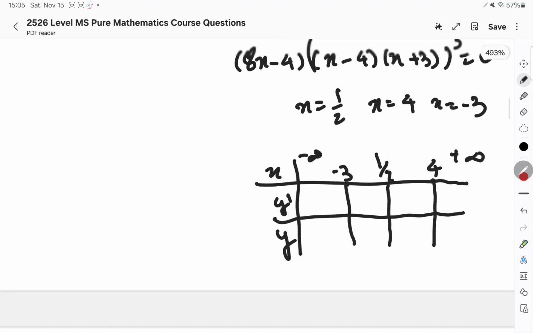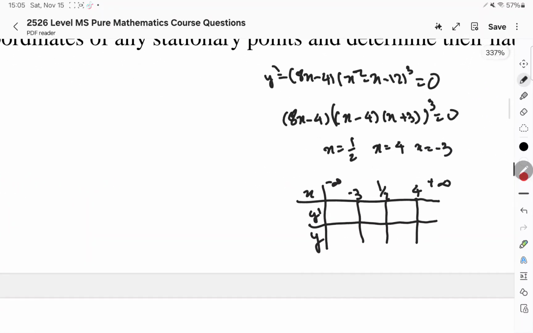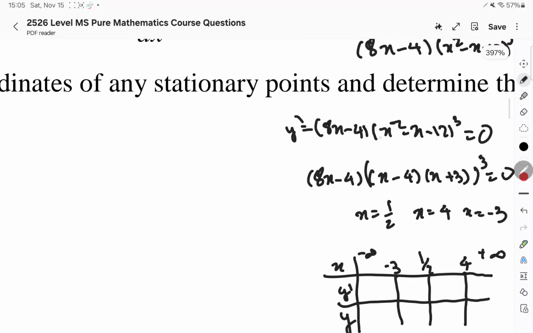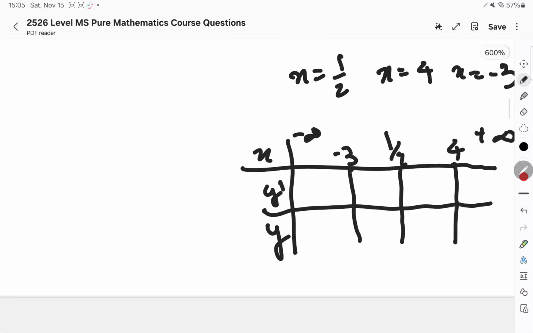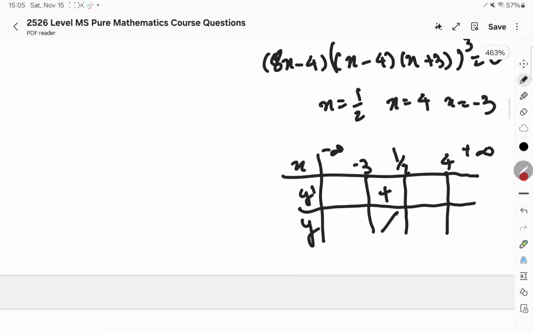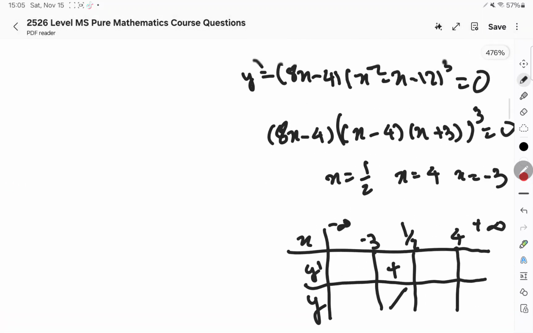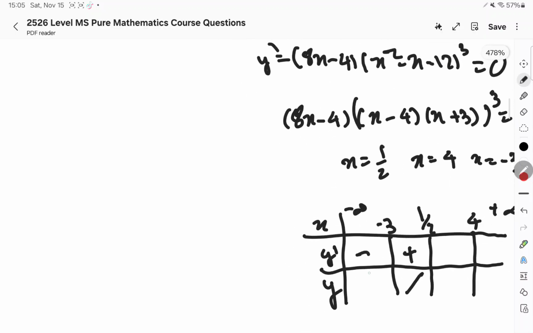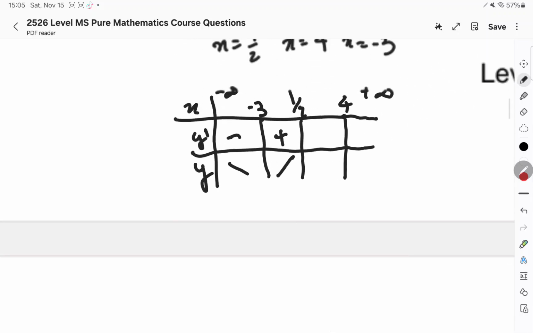Over here we can determine that if we put a negative and then another negative number, that gives positive, which means here it increases. And the value below it, it will be negative and positive, so it will decrease, and then over here it will decrease, then increase.